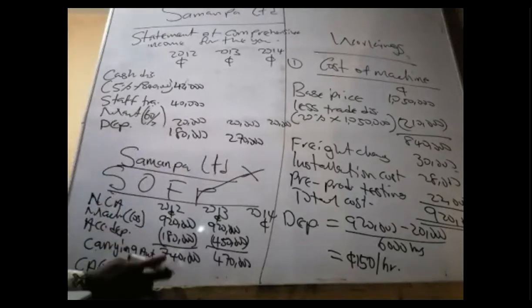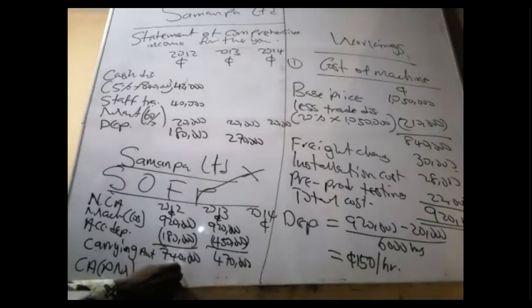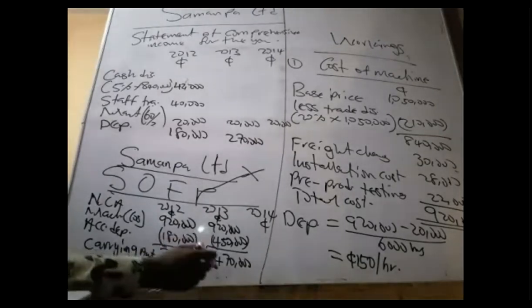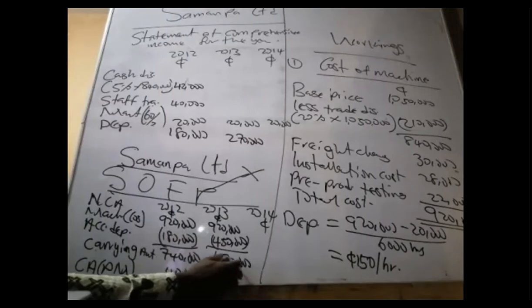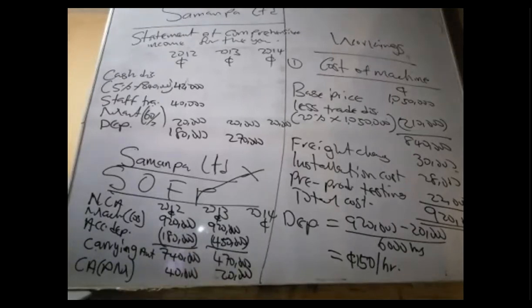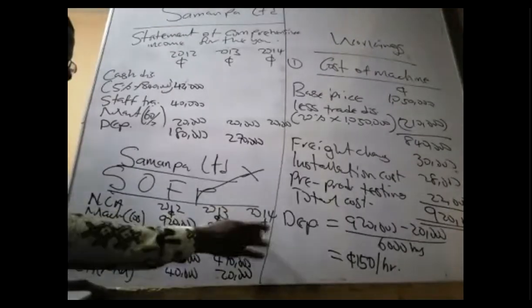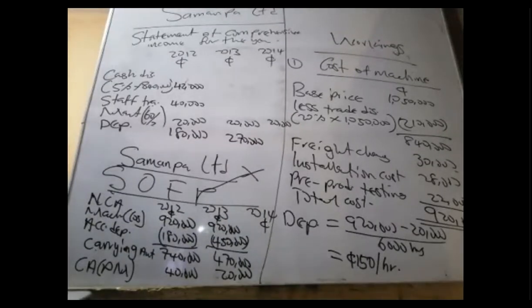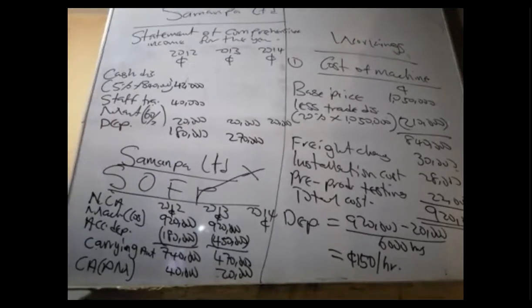So after 2012, it was 40,000. So write 40,000 here. As of 2013, it was 20,000. That's all. We are done. The last year they leave because there are adjustments. So you can do those that have not required complex adjustments.